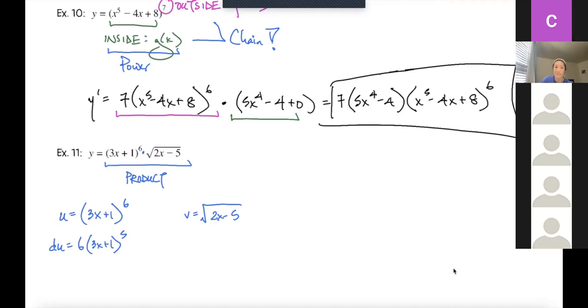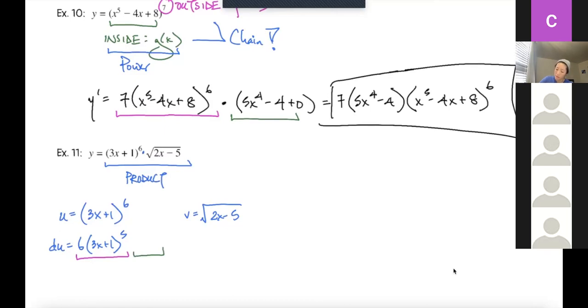Nope, we don't want to FOIL this. We didn't use the chain rule yet, right? We found the derivative of the outside piece, but we didn't find the derivative of the inside piece yet.